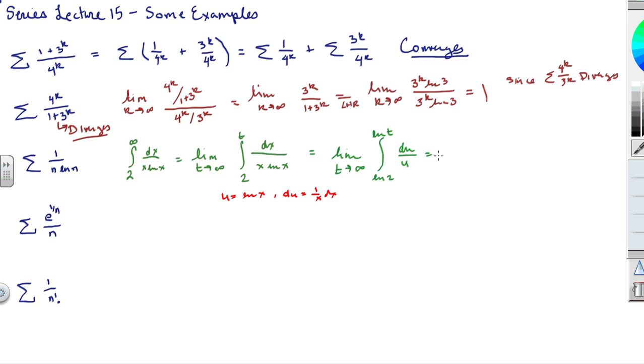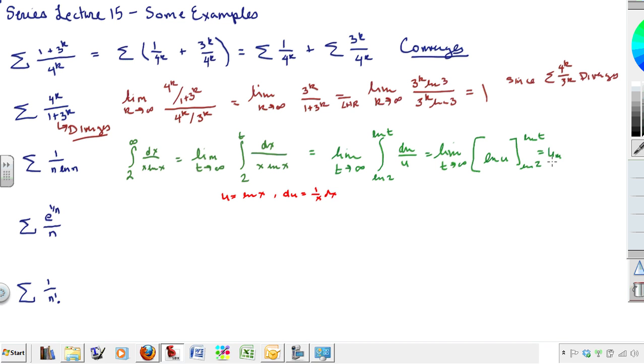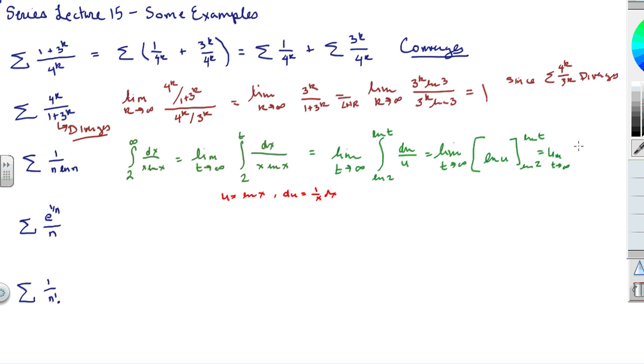Which is the limit as t goes to infinity of the integral of 1 over u from ln 2 to ln t, which is the limit as t goes to infinity of ln of t minus ln of 2.